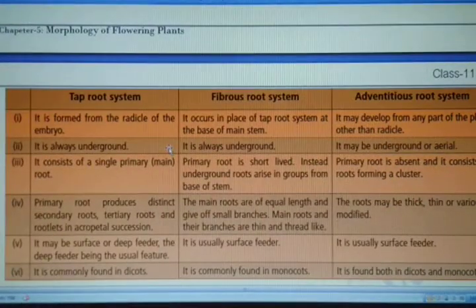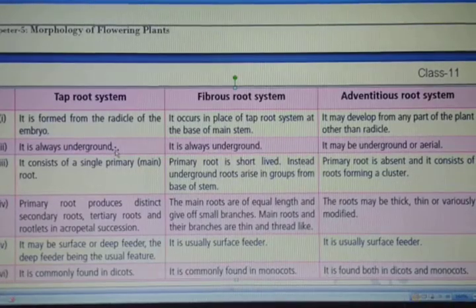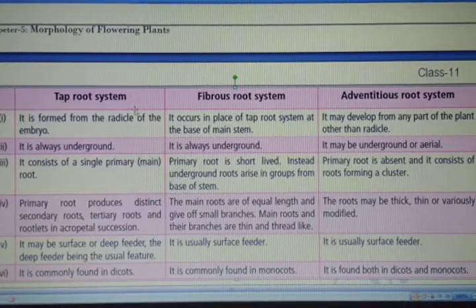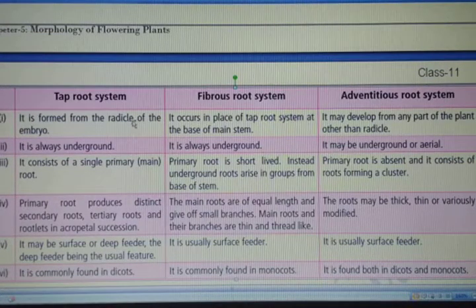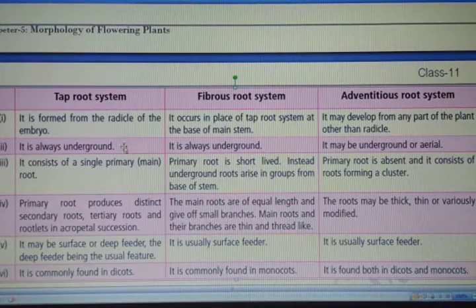As to what are the differences between the three root systems: taproot, fibrous root and adventitious root system. As I mentioned earlier, the taproot system develops from the radicle, and it is always underground. It is found always under the ground.